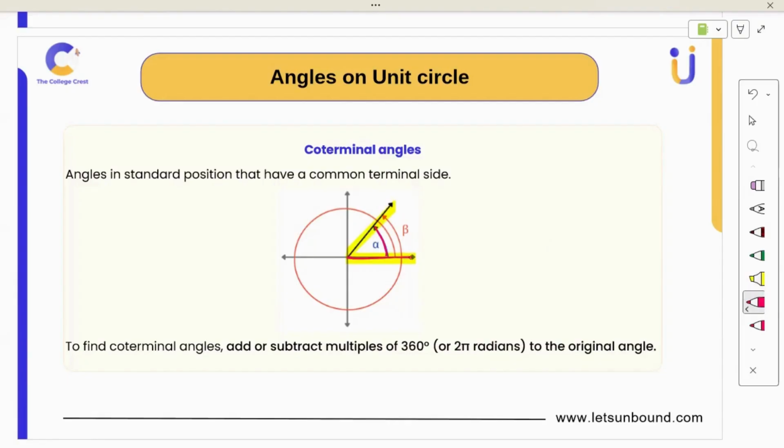Now, same initial, but I am rotating and coming back and forming this angle. So this pink angle is something different. The blue angle is acute angle. Again, the ray is same, but beta is after one rotation I came there. So this is called coterminal angles: when two angles have the same terminal side, that is coterminal.